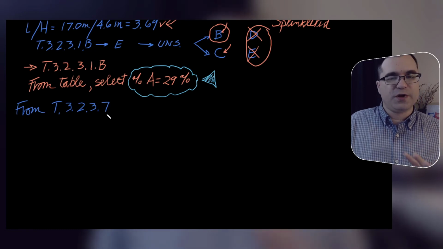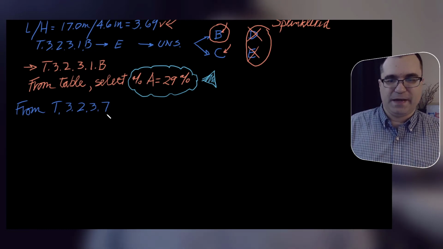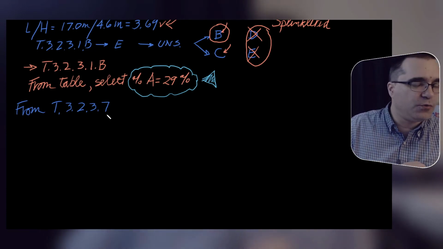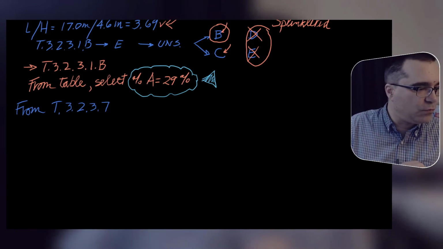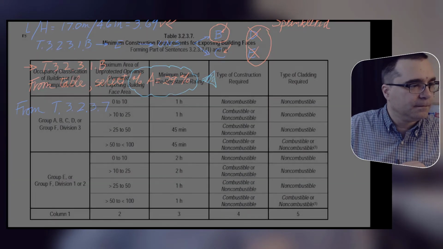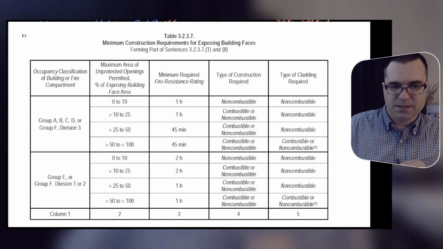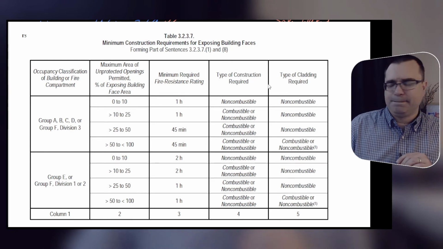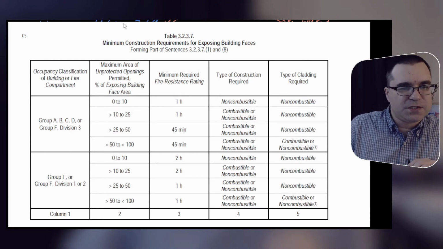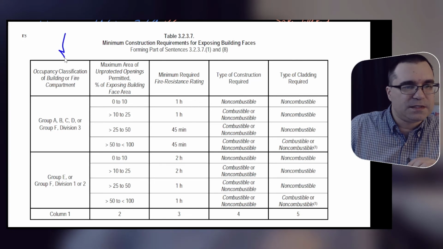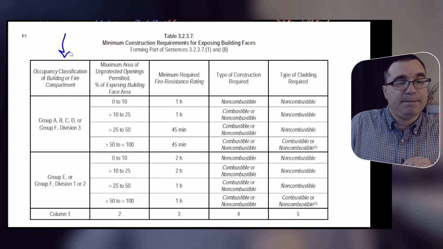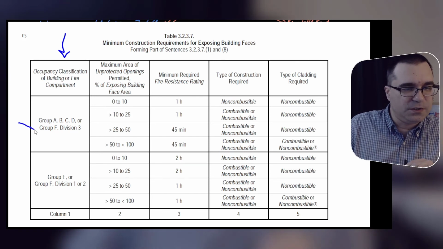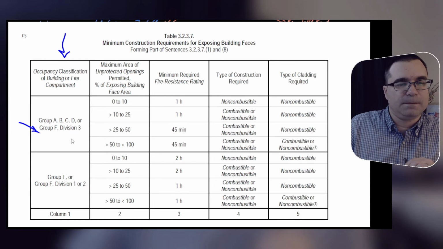Okay, so I'm going to bring up the table first to show you the values and how to get them, and then I'm going to write them down here. So let me bring up table 3.2.3.7 right here. Okay, here it is. So I'm just going to move it up a little bit. No, I think it's okay. So again, we have to start by looking in this column, which is the major occupancy. You remember our major occupancy was A, so we're going to be using this set of rows right here.